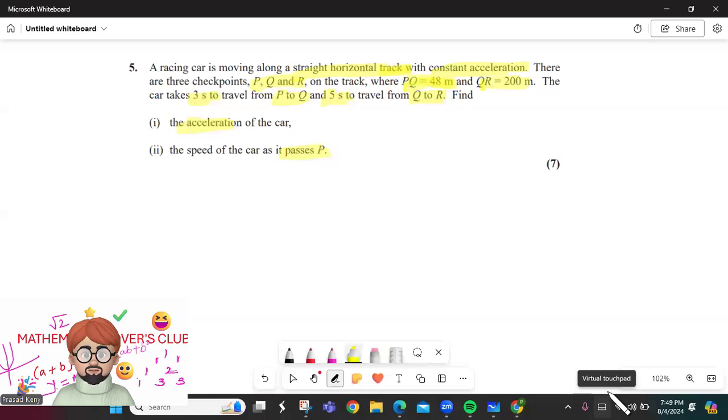So, let us first draw a rough diagram here.